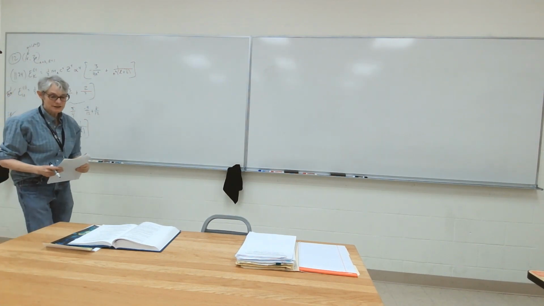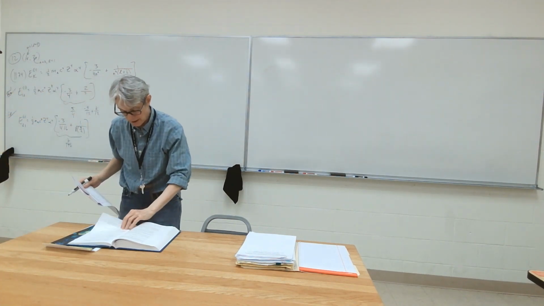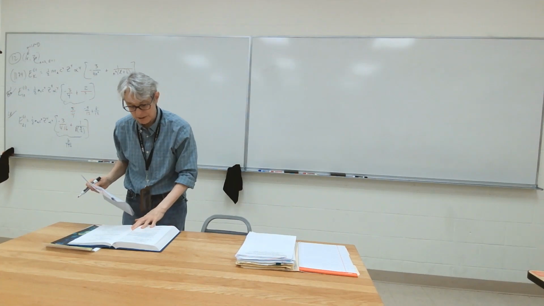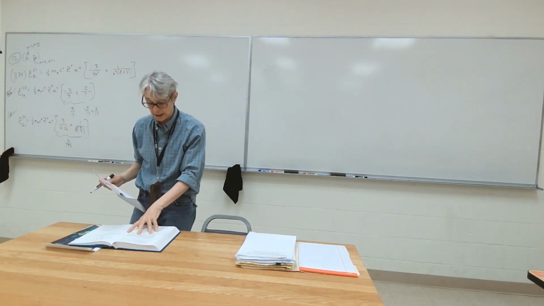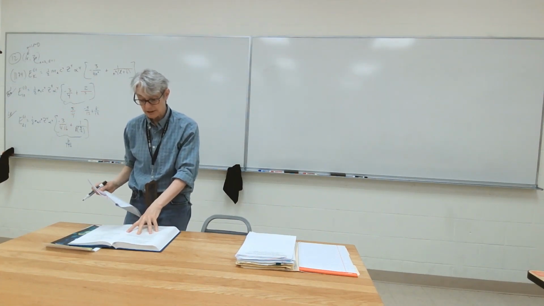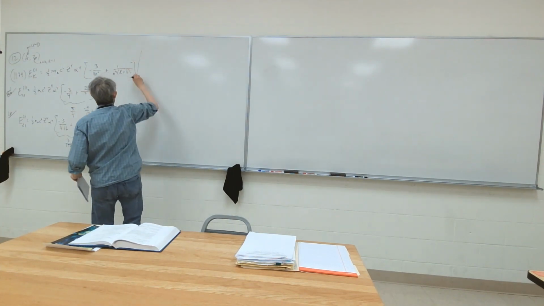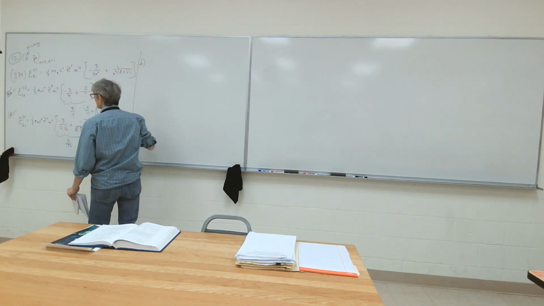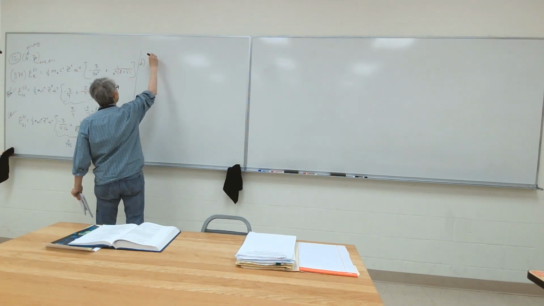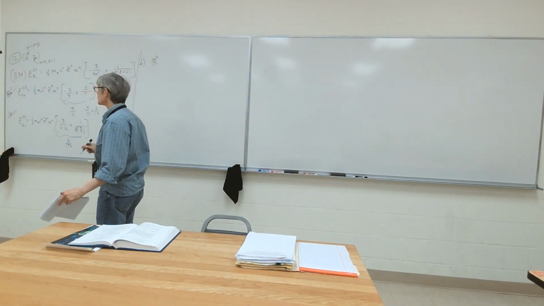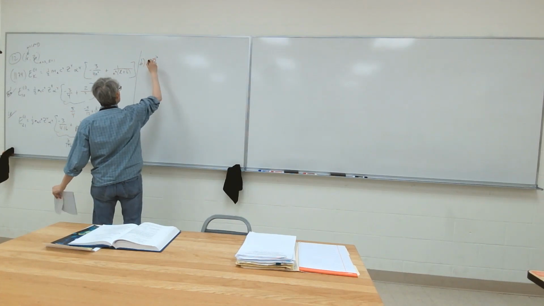And then the other part of this is part B, which is cleverly on the next page. What happens to these energy levels if the atom is placed in an external magnetic field? Okay, so in an external magnetic field, B, you're going to have an additional term in the Hamiltonian, a new term.